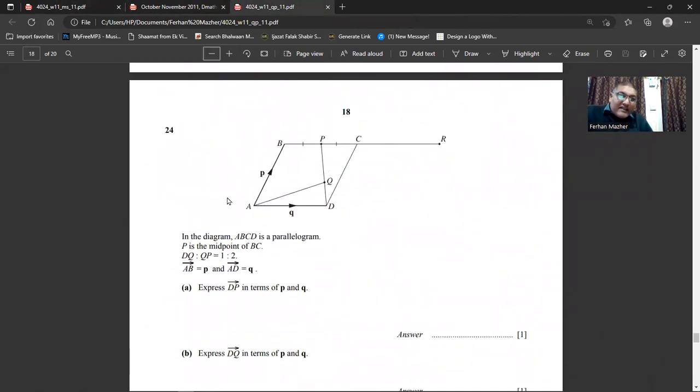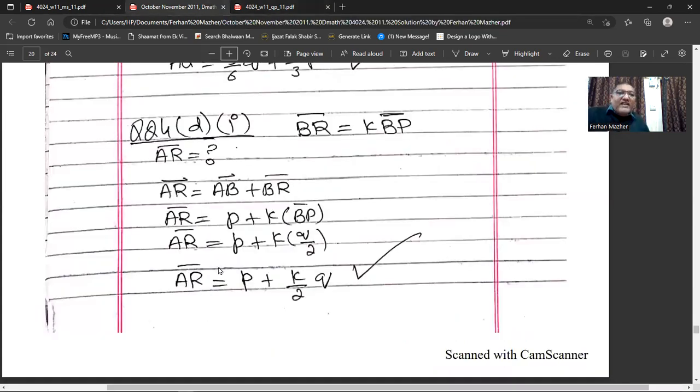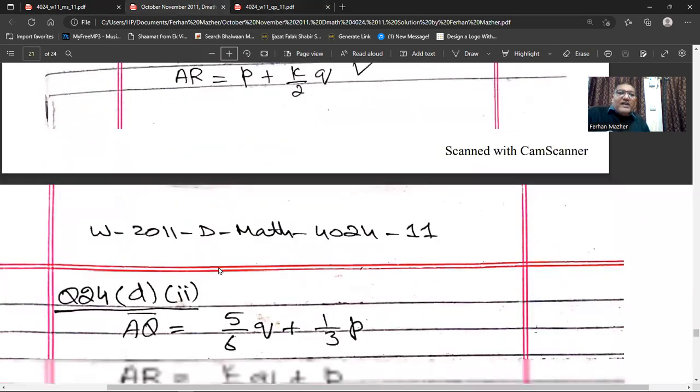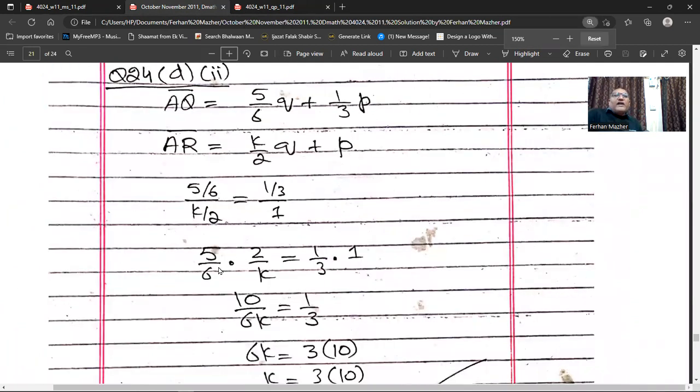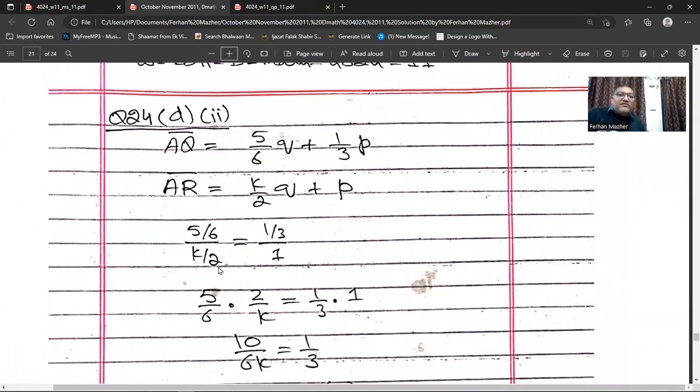He says A, Q, and R are on the straight line, and then they say, find the value of the K. So I will note down what is AQ and I know what is AR, and because they are on the straight line, they are kind of parallel to each other. So the ratio of the coefficients of the Q and the coefficients of the P will be the same.